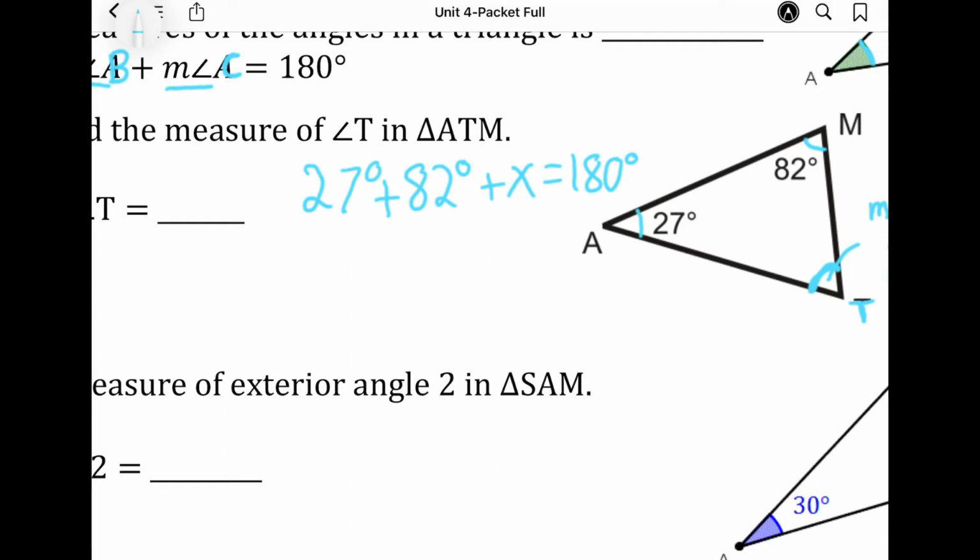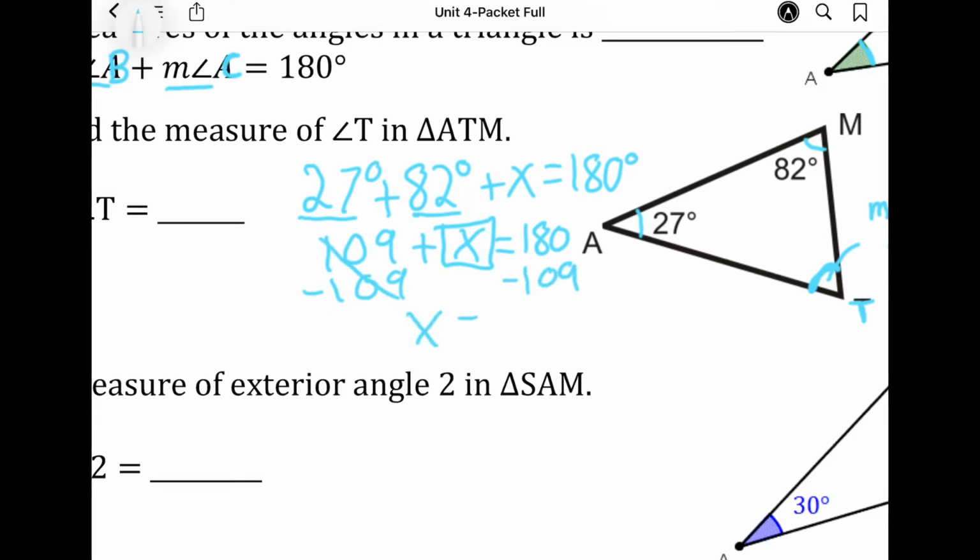Now I'm going to combine like terms. Well, my like terms are 27 degrees and 82 degrees. Adding them together, I get 109 plus my variable, which is X, equals 180. Then I'm solving for X, so X has to be by itself, and it's not. So I'm going to subtract 109 because it's positive.